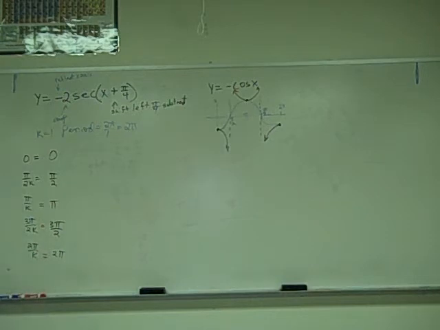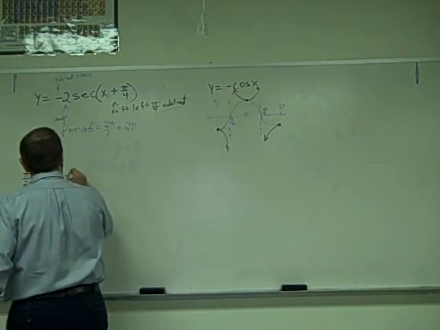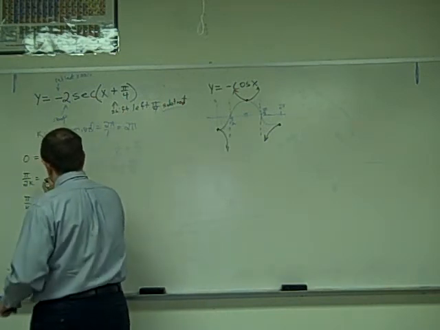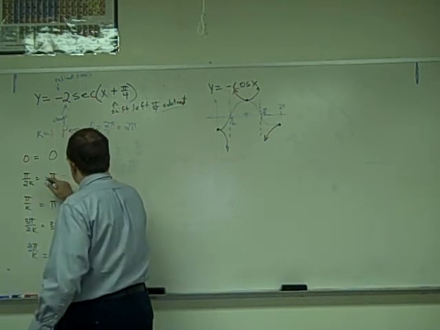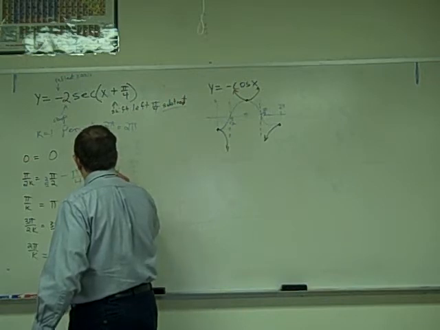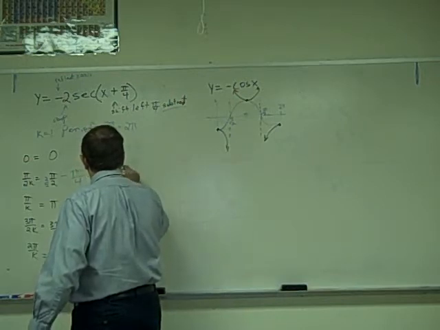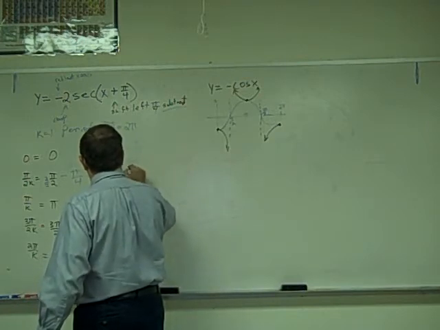Okay, now we're going to, we said subtract, right? Pi over 4 minus pi over 4. So we need a common denominator, right? And so we get 2 pi over 4 minus pi over 4. So we get pi over 4, right?